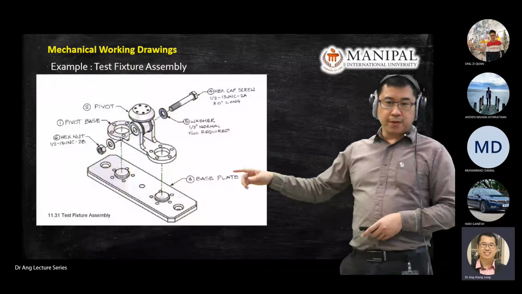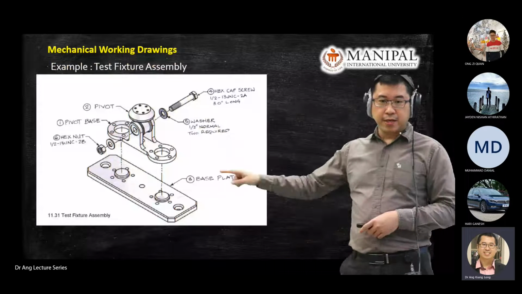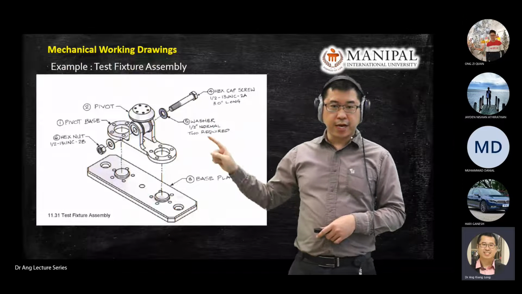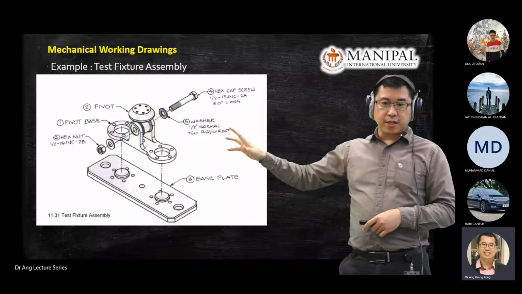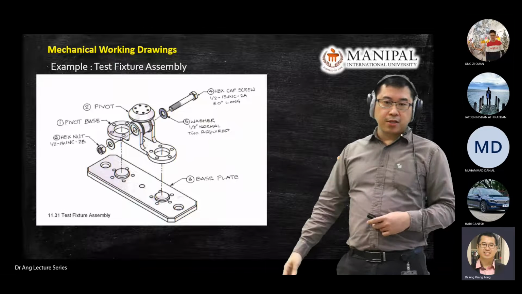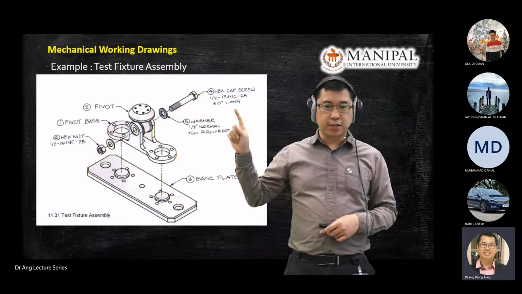An example, let's say you're designing a test fixture assembly. So again, you have all these parts, and although this one used hand sketching, this is on the design stage that we expect from Capstone Design 1. So most of you haven't done this one. All of you do hand sketching.